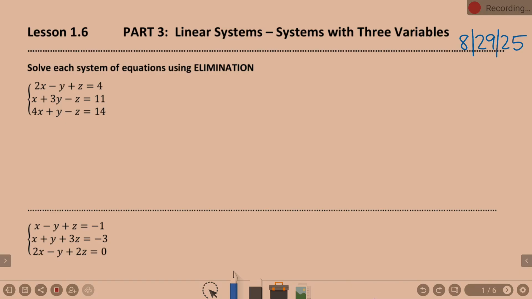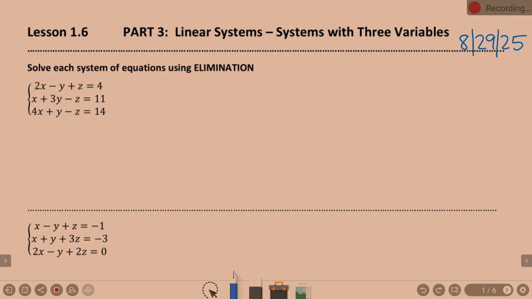As you look at these 3 equations, I need you to sit and look at them for a moment and take a guess as to what variable we want to start off eliminating. Do we want to eliminate x's, y's, or z's? And why would you suggest z's?